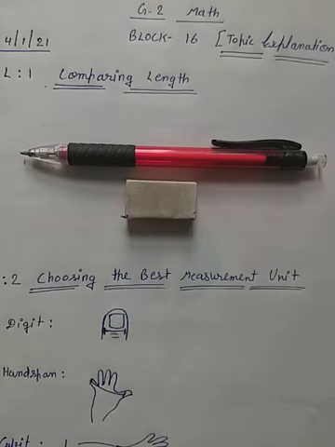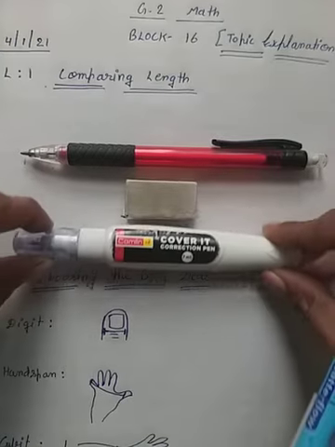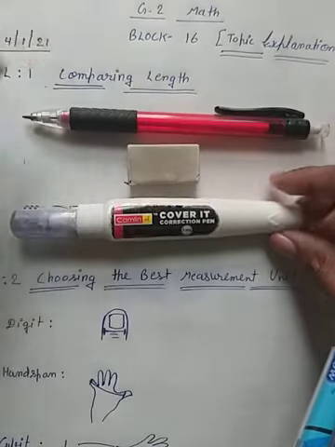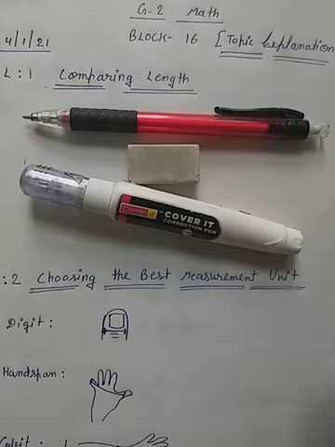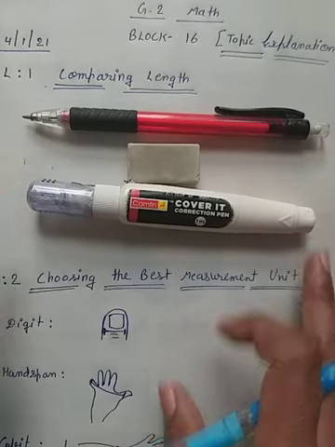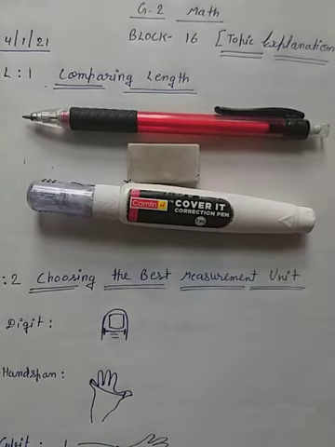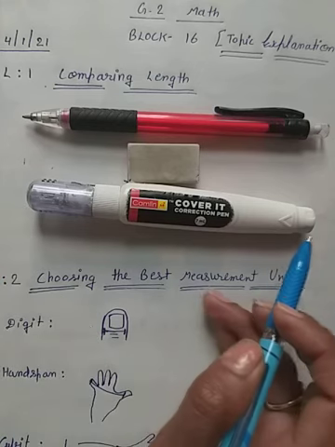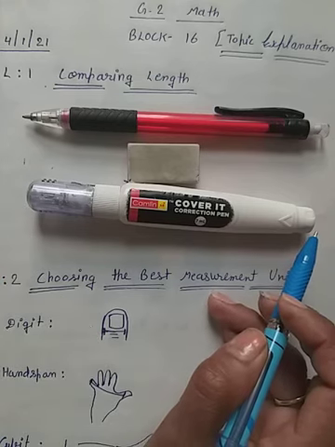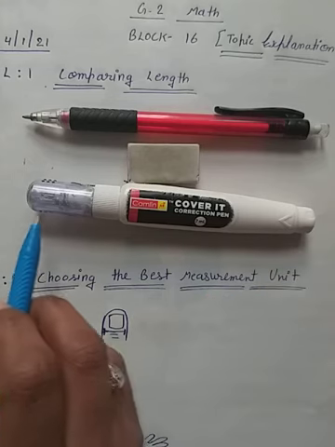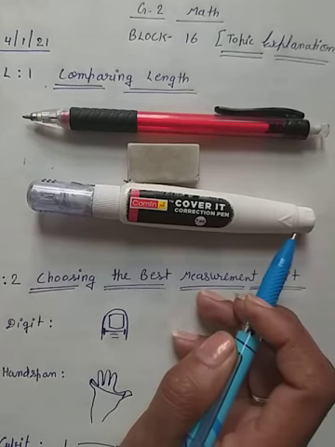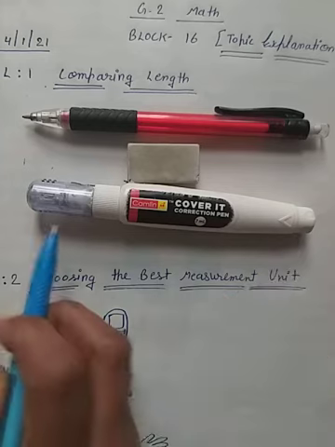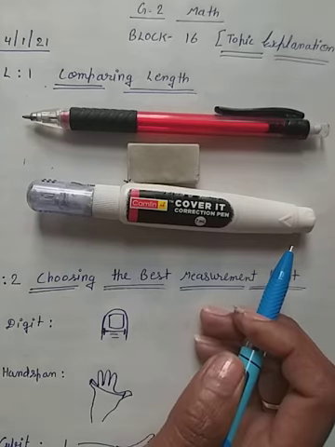Like I have a whitener. So what is the length of the whitener? From the starting point till the end point, that is called the length of our object, that means the length of the whitener.